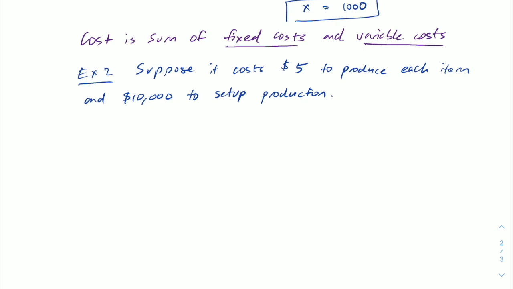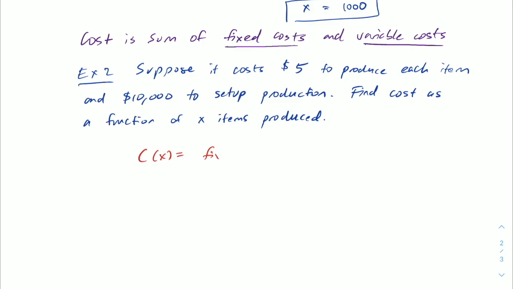We want to find the cost as a function of X items produced. So the cost is the fixed costs plus the variable costs.